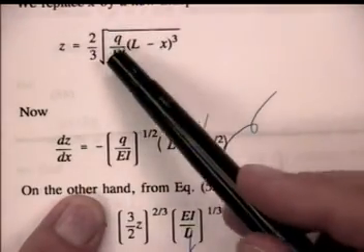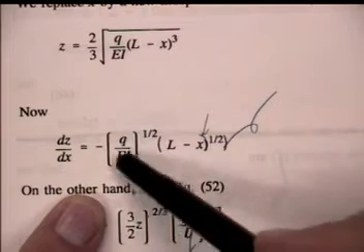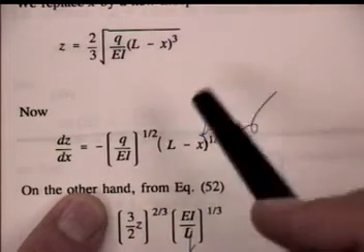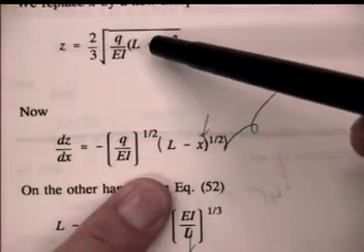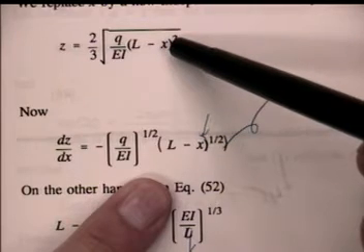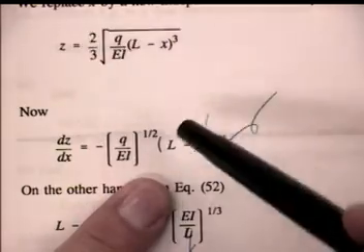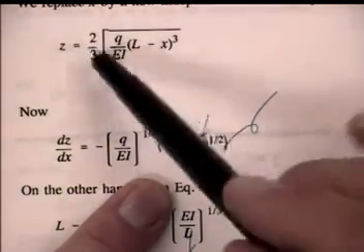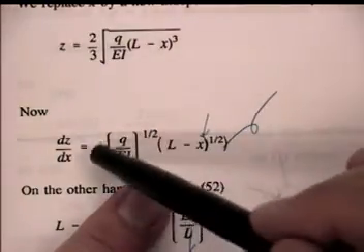Then I have the square root of q over EI here, so that is the coefficient that is repeating itself. Now look, please, we have L minus x to the power 3/2, is it right? That is 3, and that is a square root, so that's 3/2. When I differentiate it, I will get 3/2, but 3/2 will be multiplied by 2/3, I will get 1. So there is no coefficient here.